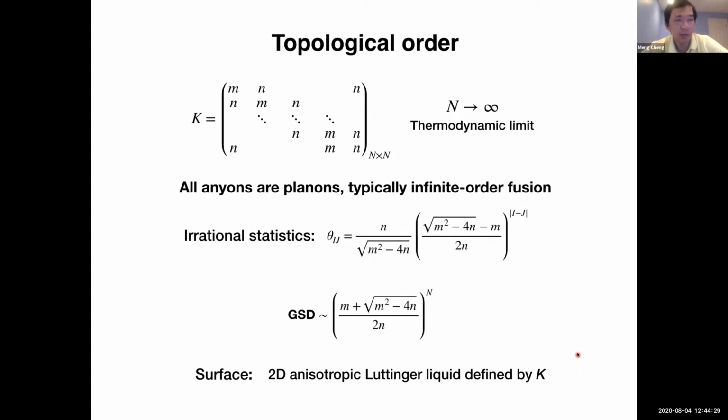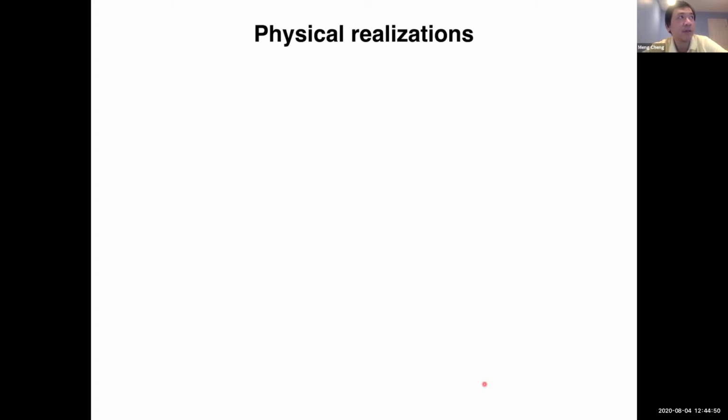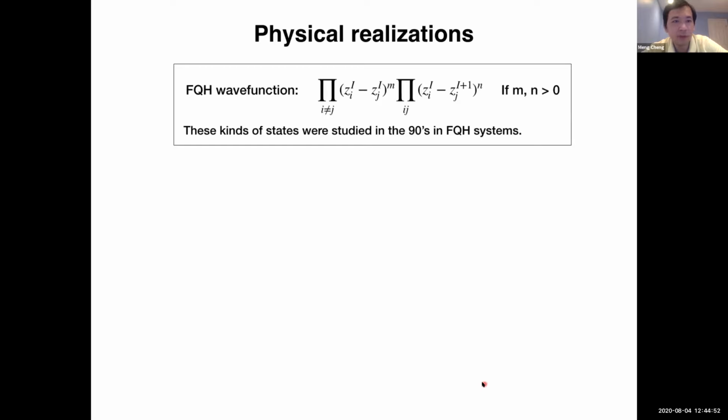Okay, so this is somewhat strange because of all these unusual features. But again, there was a problem that we didn't resolve so far. That is whether this model can actually arise from a local theory, because of this unusual commutation relation between fields. So there are a number of physical realizations.